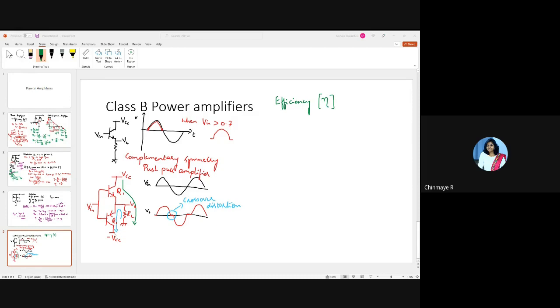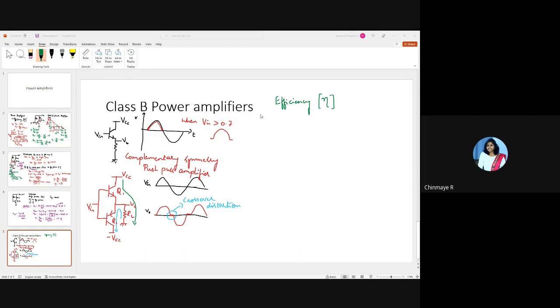That's why it's called a push-pull amplifier. This is with respect to power amplifiers, but there are many push-pull structures which are quite interesting to study. Let's see if we can do a little bit of it during our offline classes. Okay, so first we'll calculate the efficiency now.